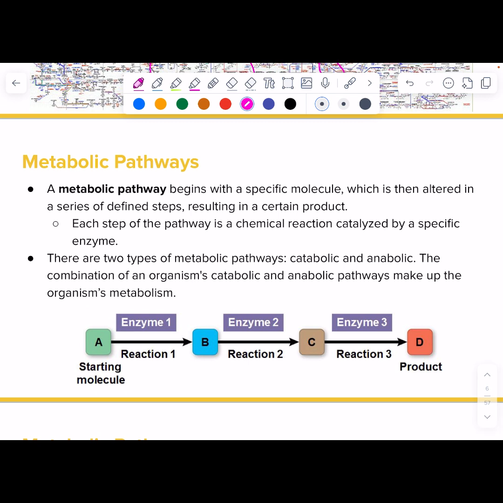And because all the reactions are connected together, it results in what we call a metabolic pathway. We looked at this when we were looking at enzymes, but what these enzymes basically do is connect one reaction to the next one. The example that I gave in class was like when you're making an iPhone.